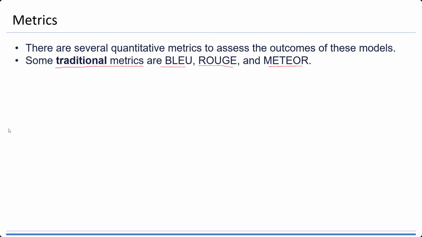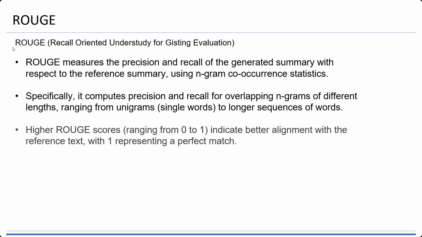Let's see them one by one. ROUGE stands for Recall-Oriented Understudy for Gisting Evaluation.